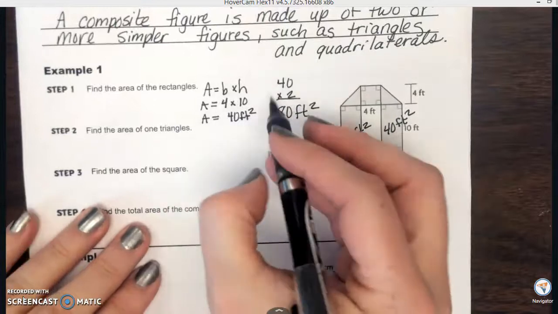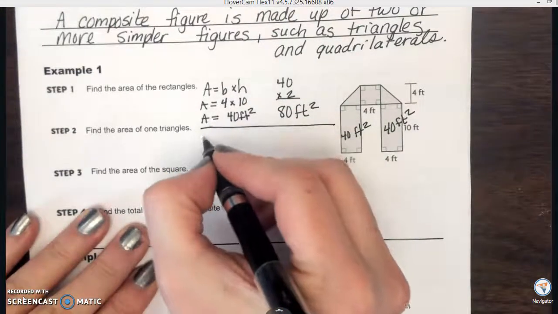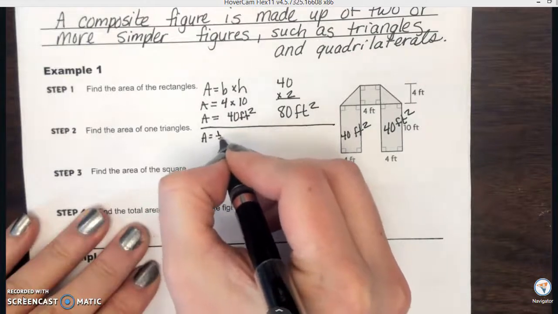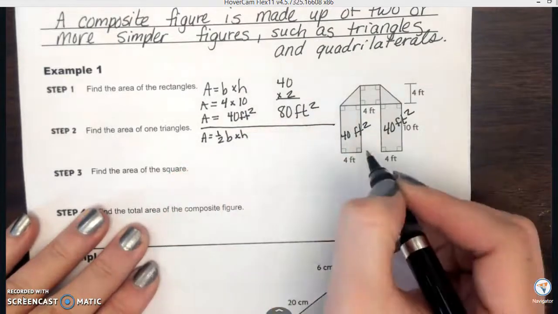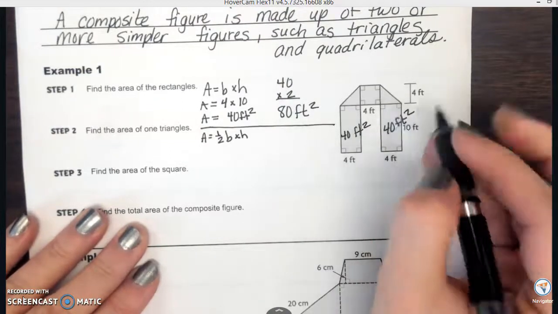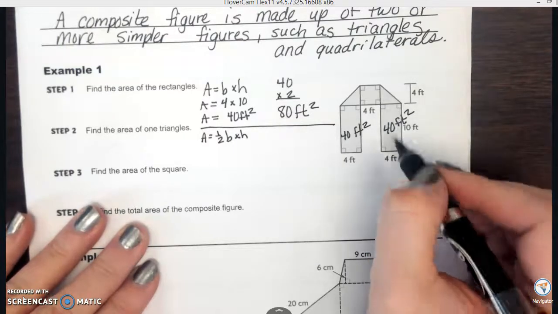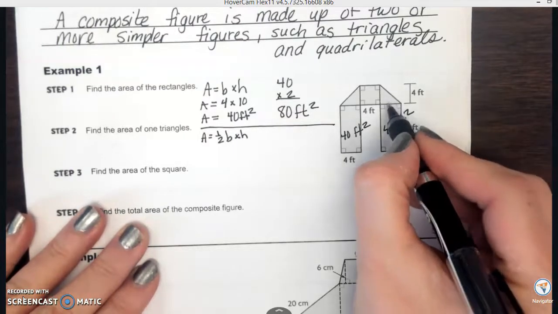Alright, so we're going to use the formula. I'm going to kind of draw a line to separate this. So I'm going to use the area for a triangle, which is area equals half base times height. Looking here, it doesn't show me what the base is, but we know that this is a rectangle, so these two sides would be the same. That means that the base here would have to be 4.